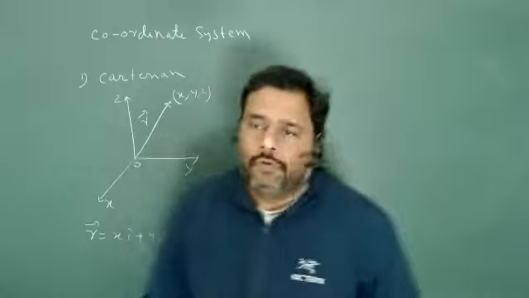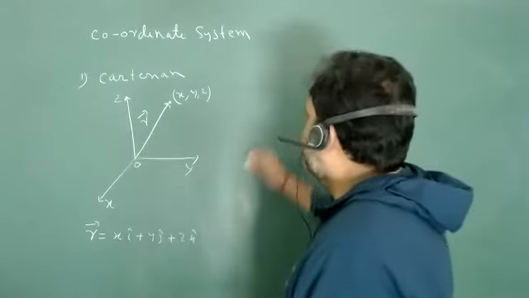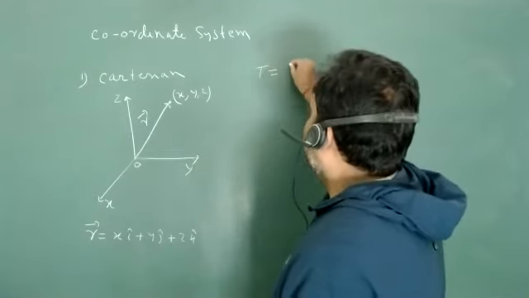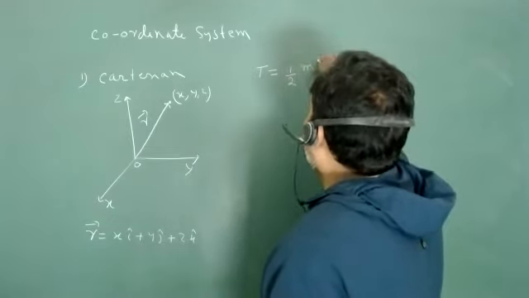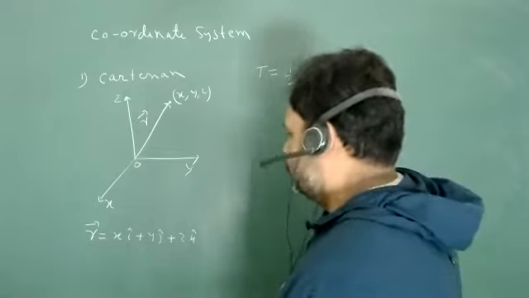And obviously, hence we have to go for the Lagrangian formulation. So we have to write the expression of kinetic energy. So what is my kinetic energy? My kinetic energy can be given by T, and this will be given by half m v dot v. v is nothing but my velocity.